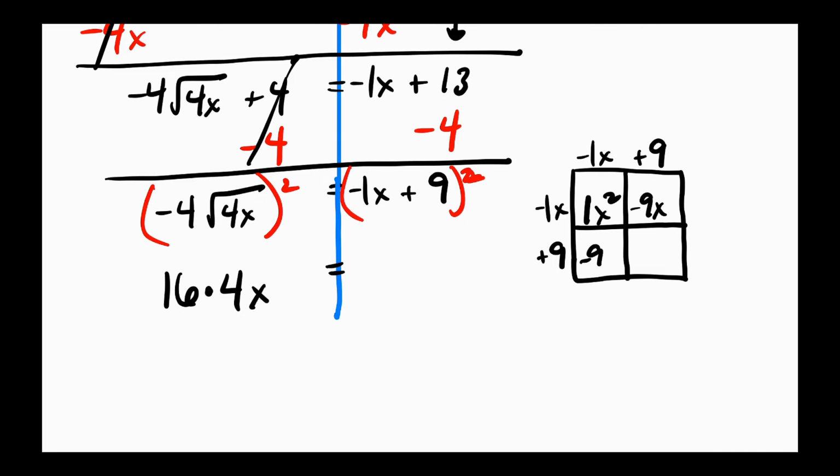Same thing over here. And then positive 81. Like terms. So I'm just going to write x squared because it's 1x squared plus 81.